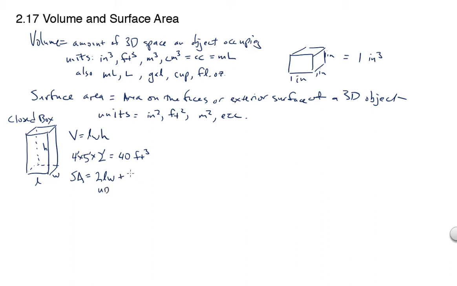And then you've got the area of the front and the back. Well, that's length times height, L times H. But there's two of those. There's the front and the back. Both of those are length times height. And finally, the right and the left faces are going to be width times height each. So there's two of those.